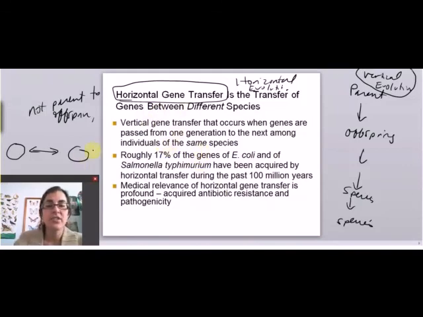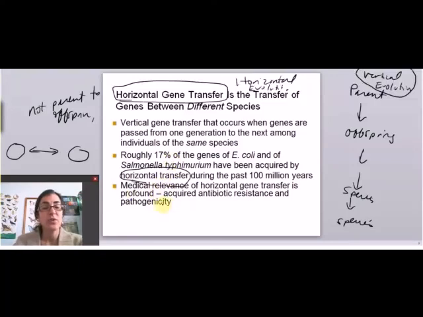And it's interesting to realize that in bacteria, horizontal gene transfer accounts for a large amount of their genome, not a majority, but a large amount. So when they look at, for example, some different species of bacteria like E. coli, almost 20% of their genes were acquired through horizontal transfer. So that means that horizontal transfer is a major player in determining traits and genetic material of bacteria.